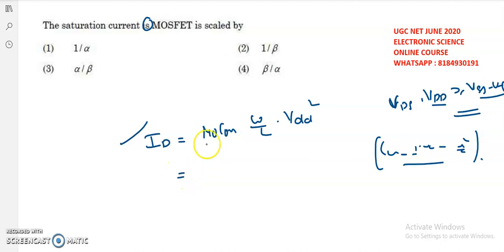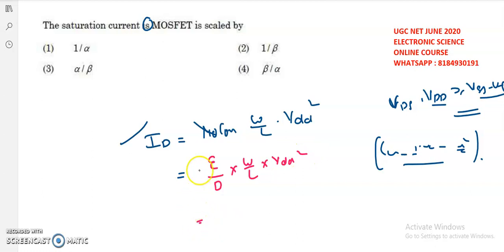The expression will look like this. So in this case, mu is the constant, so just leave that one in the case of scaling parameters. And coming to the COX, as I told, COX is nothing but the oxide capacitance per unit area, that is epsilon divided by D into W by L into VDD square.